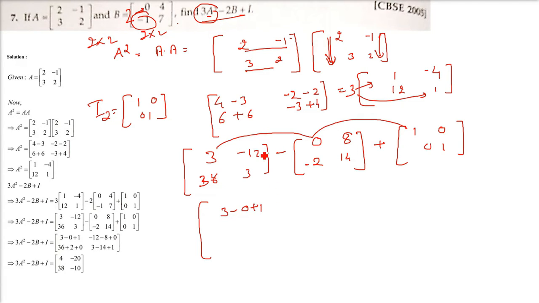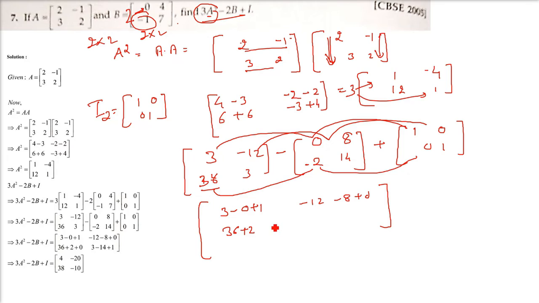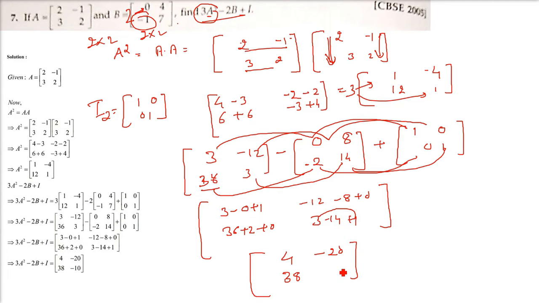Then -12 minus 8 plus 0. 36 minus 1 minus 2, that is 36 plus 2, and this plus 0. 3 minus 14 plus 1. So 3 plus 1 is 4. -12 minus 8 is -20. This is 38. This is -10 because 4 minus 14 is -10. So this will be the final answer.